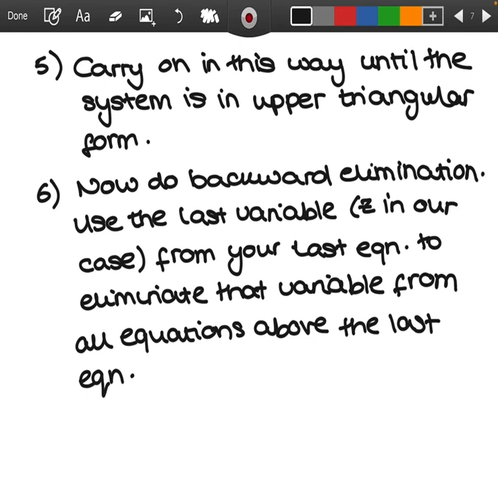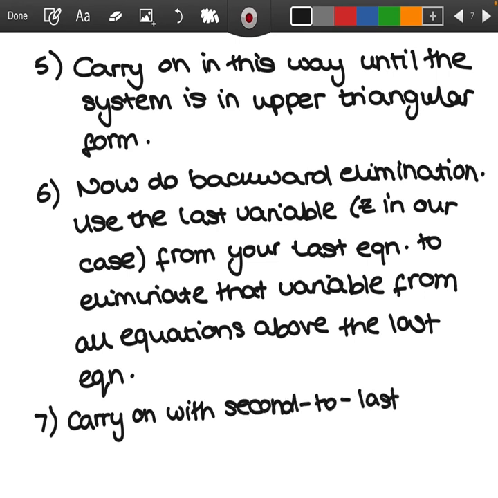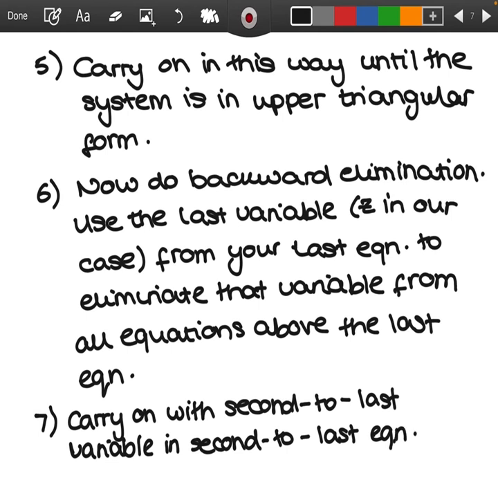You then do this with your second to last variable, in our case y, and eliminate that variable from everything above the second to last equation, and you carry on in that fashion.